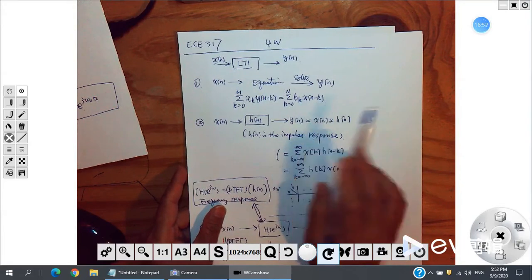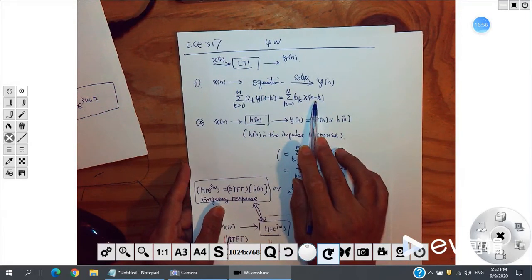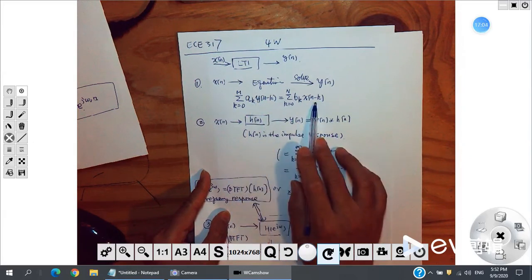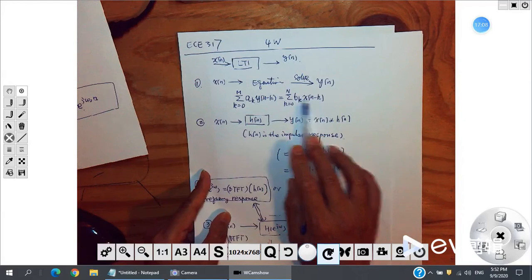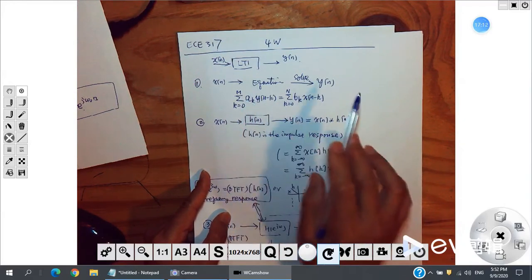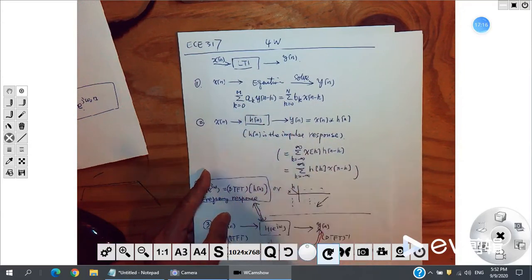In other words, this equation comes out from some model in the real world, some mechanical system, some digital system, some circuit or something. So all these a_k, b_k are real numbers. We only consider real numbers.